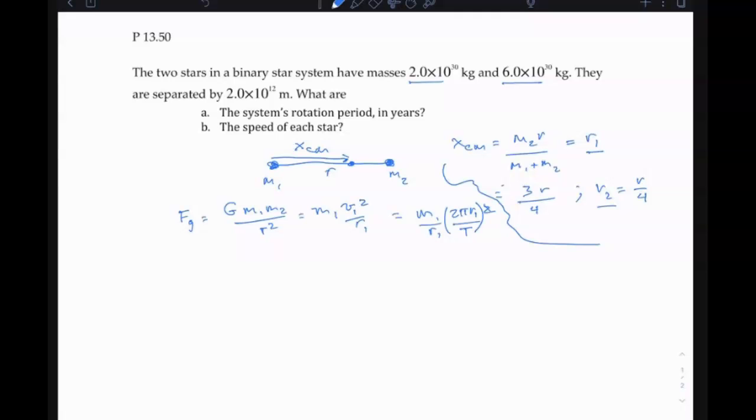we see that the ratio of the period over 2 pi, squared, is equal to r1 times r squared over big G times mass 2.